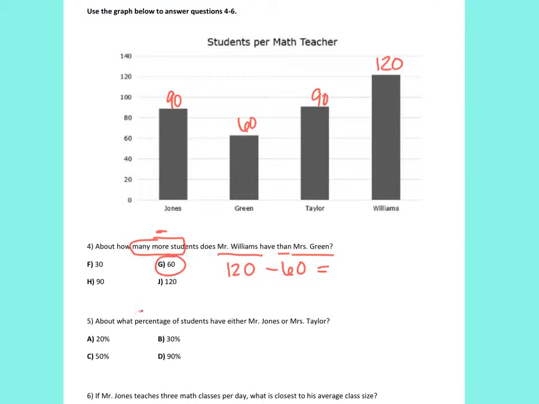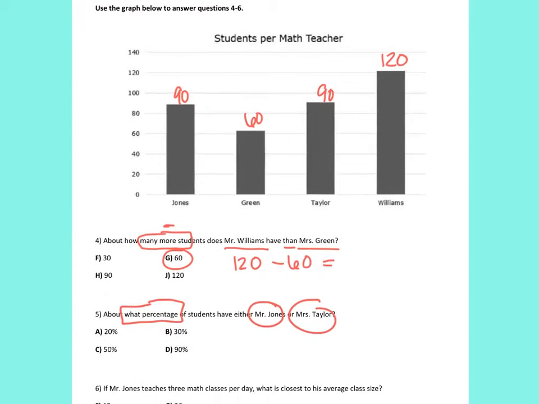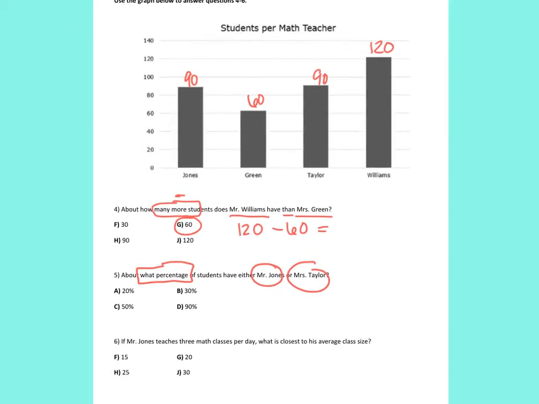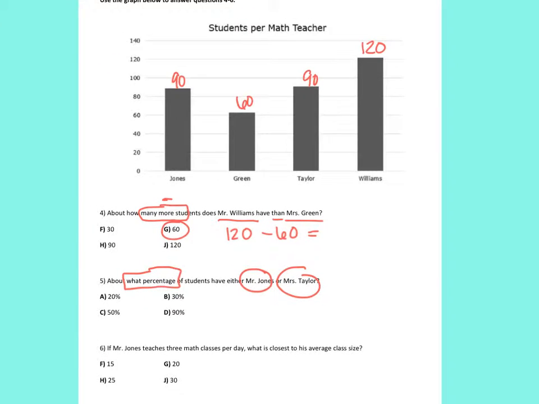Number 5, about what percentage of students either have Mr. Jones or Mrs. Taylor? So if we're looking for what percentage, that's x over 100. So we need to figure out the total amount of students there are. So 120 plus 90 is 210 plus 60.